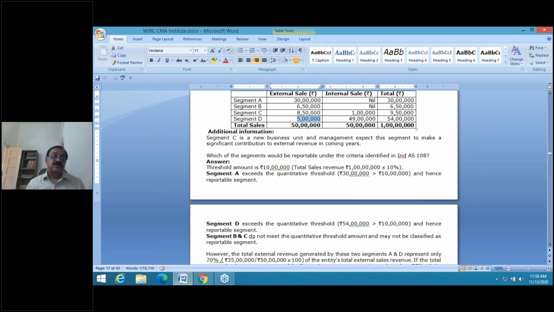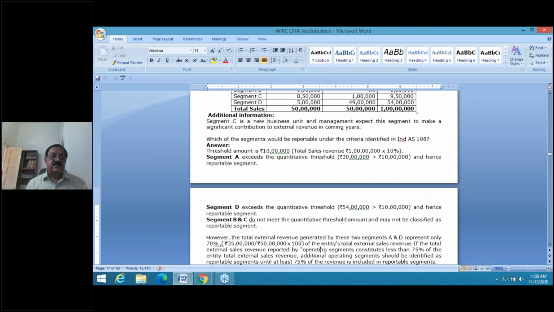So you will have to add one more, so that it reaches 75%. 75% of 50 comes to 37.5. So you can select either B or C as your reportable segment. Okay, so this is your final answer.